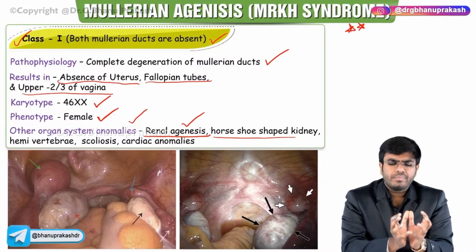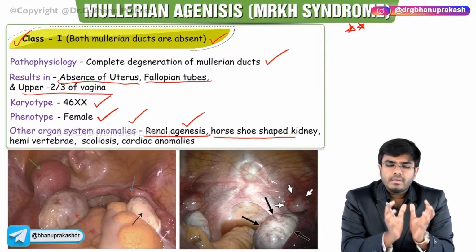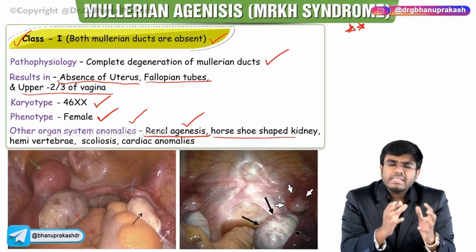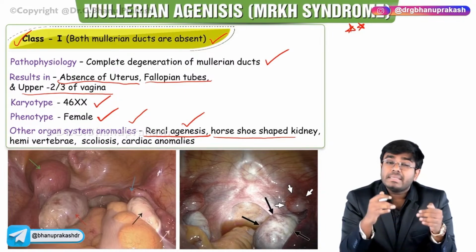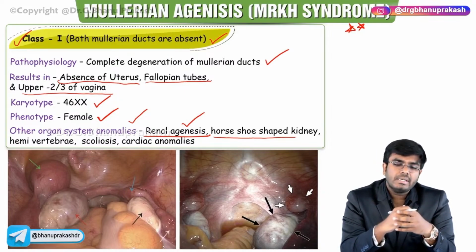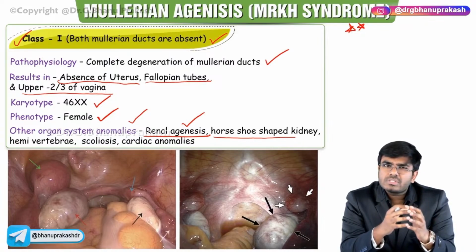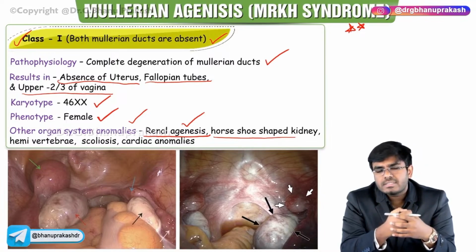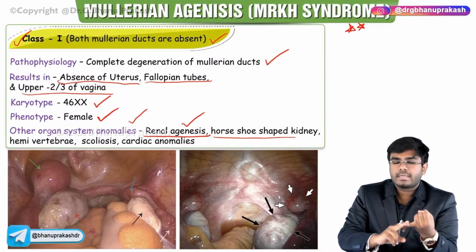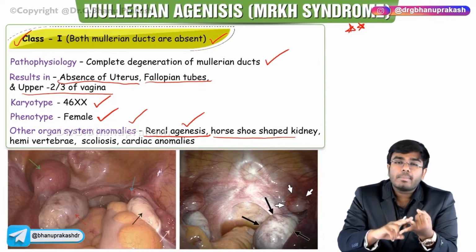So, ovaries are there. Whenever ovaries are there, estrogen is there, and that estrogen can develop the breast. But in this patient, as there is no uterus, no cervix, no upper two-thirds of vagina, no fallopian tubes, can she have menses? No. Secondary sexual characters are normal, but primary amenorrhea.